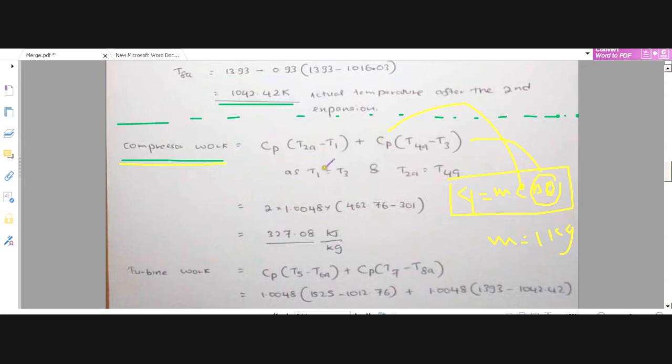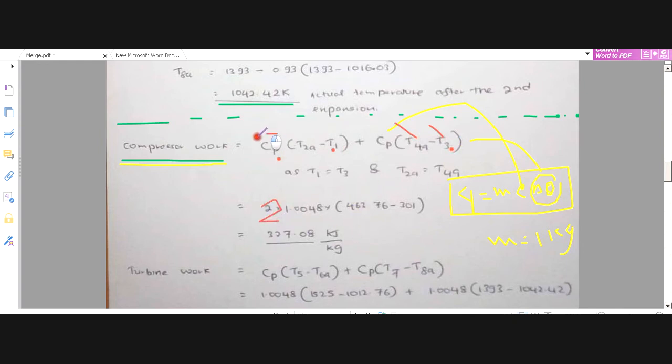Okay, so Cp times, now compressor work, there are two compressors. So Cp times the temperature difference between the input to the first compressor and the output from the first compressor, plus the input to the second compressor and the output from the second compressor. That is the formula, but T1 is the same as T3, so you can simply put twice that.